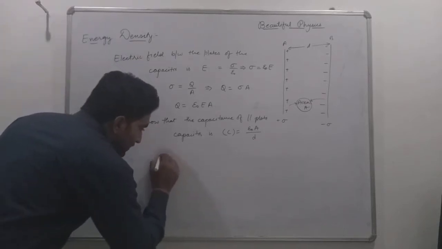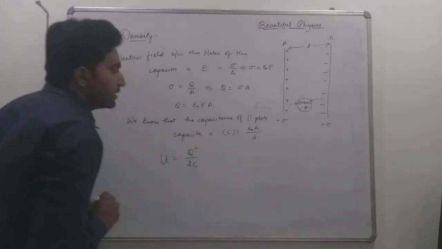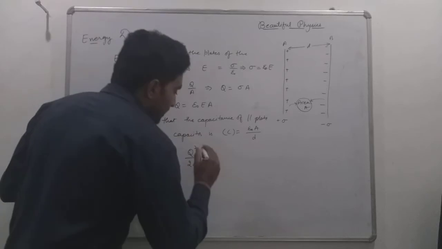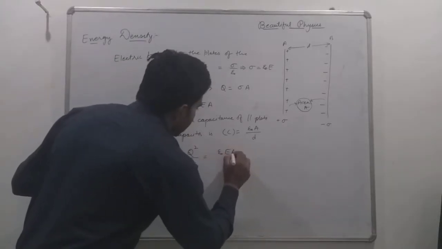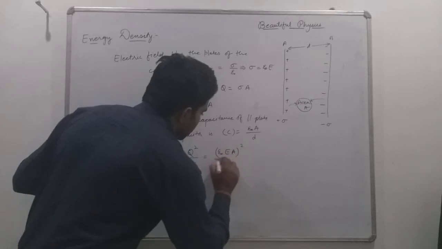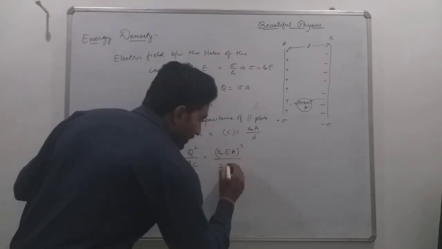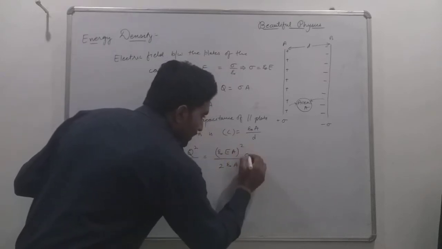We know that the energy is equal to q square divided by 2C. So we have the value for q, which is epsilon naught E A, squared, divided by 2C, and the value of C is epsilon naught A divided by d, which goes upside.